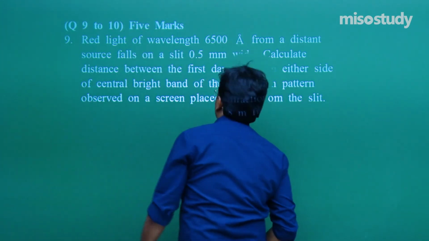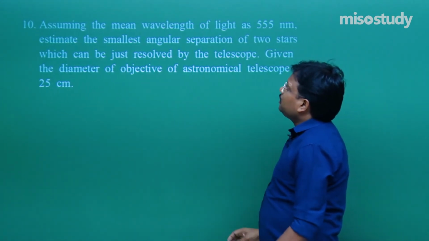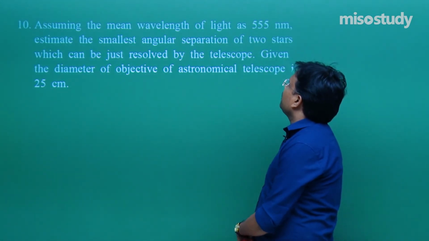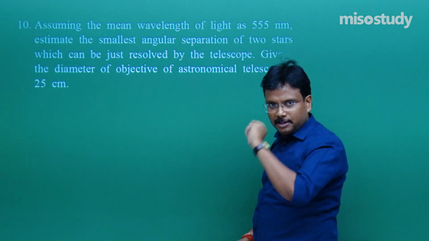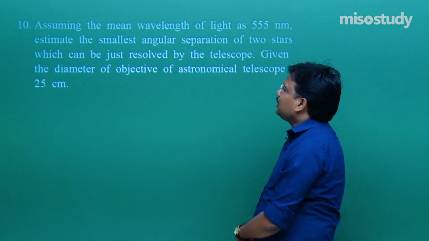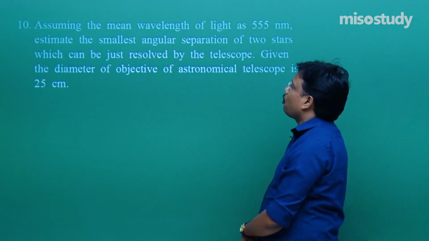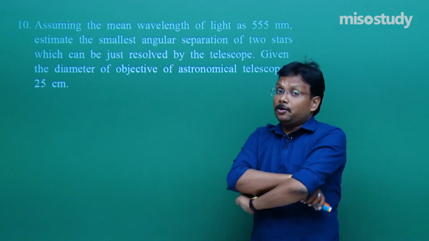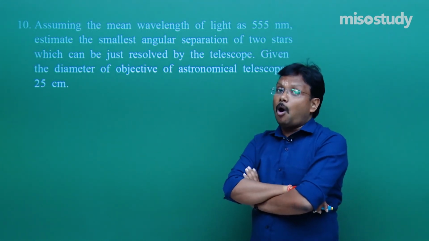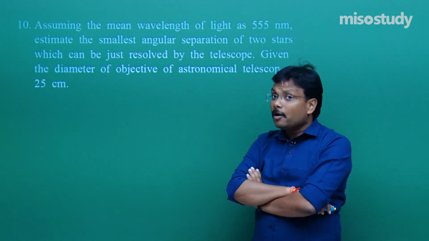Then comes question number 10. Again 5 marks. Assuming the mean wavelength of light as 555 nanometer, mean means between red and violet, estimate the smallest angular separation of two stars which can be just resolved by the telescope. I prepared one complete video on resolving power of optical instruments, telescope, microscope, human eye, everything.